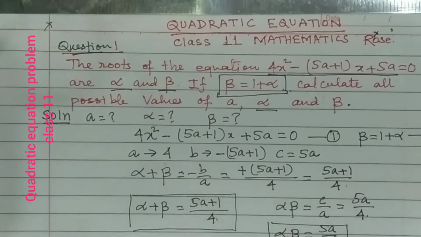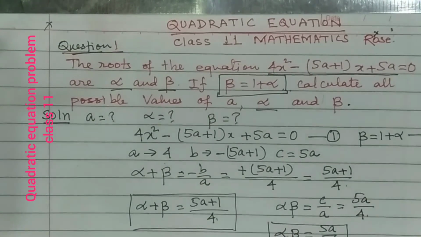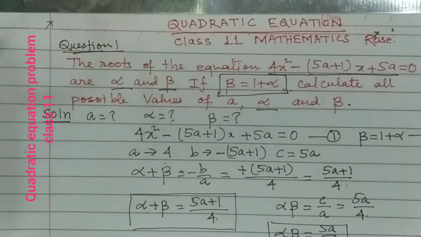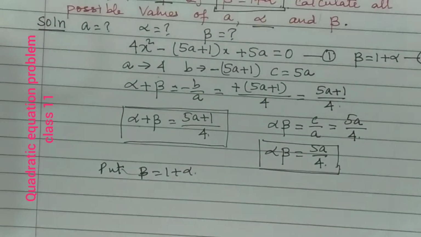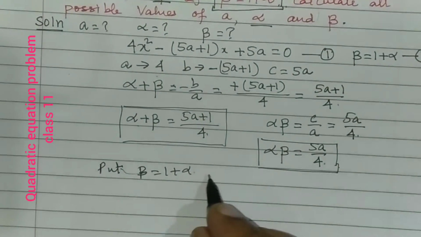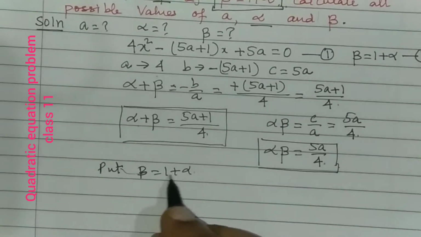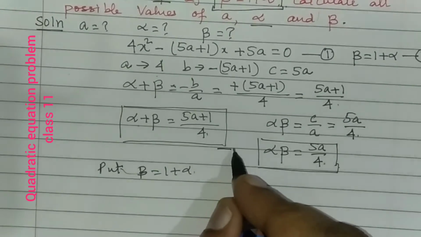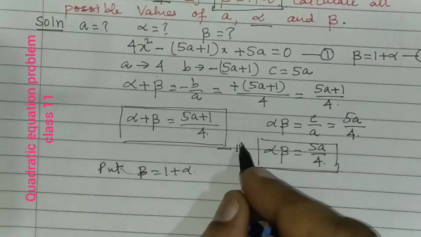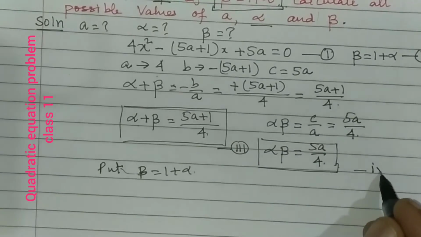And one more thing which is given, beta is equal to 1 plus alpha. So we will put this value, beta is equal to 1 plus alpha. Suppose this is equation number 3 and this is equation number 4.